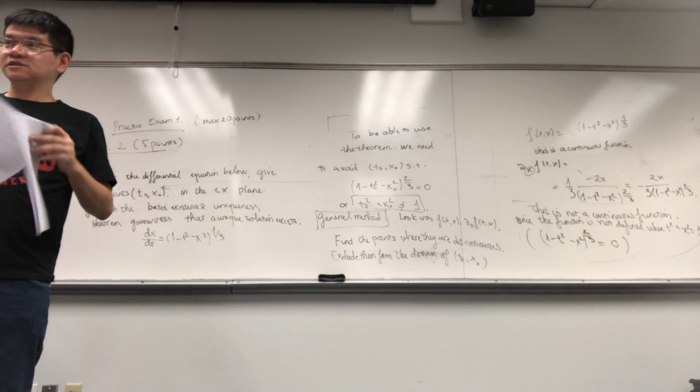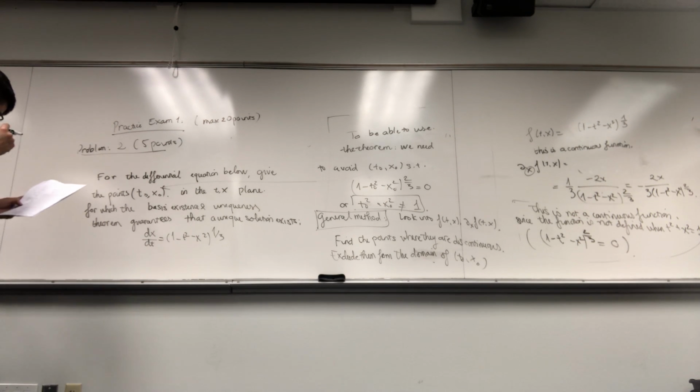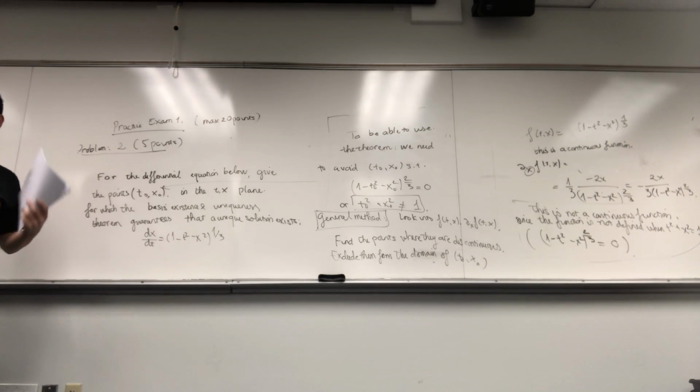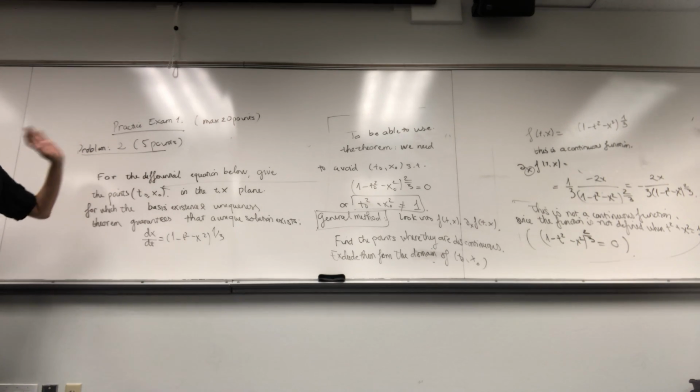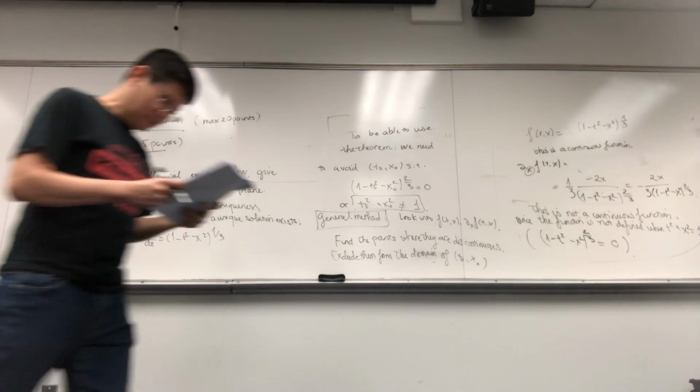Questions? It's good. And again, the real exam is going to be the same. Of course, the function will be different, but I'm going to ask this kind of question. The structure is exactly the same.